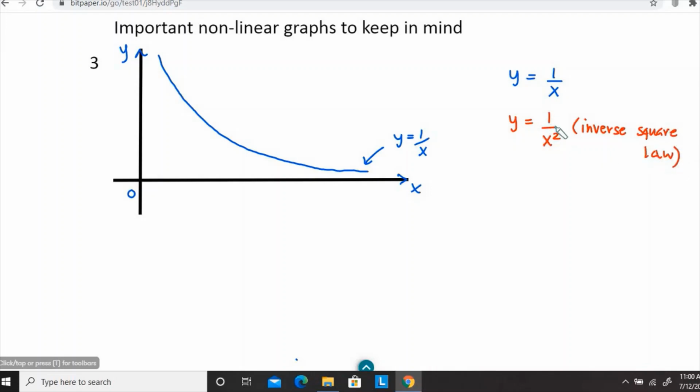because you can see 1 over means inverse. If you see x squared, that's what is meant by square. So this variation is called the inverse square law, and you'll come across different models that explain this inverse square law. If we plot 1 over x squared on this same plot, it's going to look like this. It's much steeper than 1 over x.